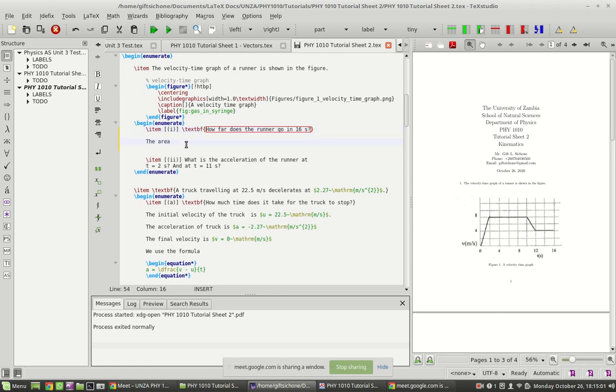So the area under the velocity time graph is equal to the distance covered by the runner.